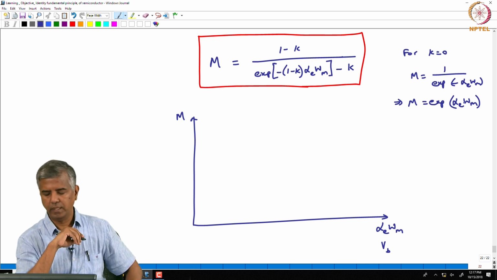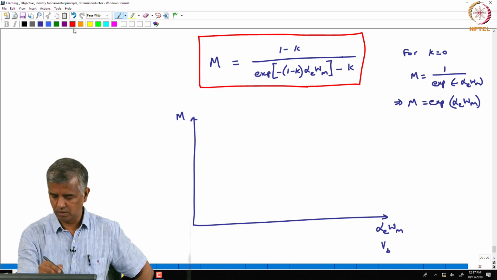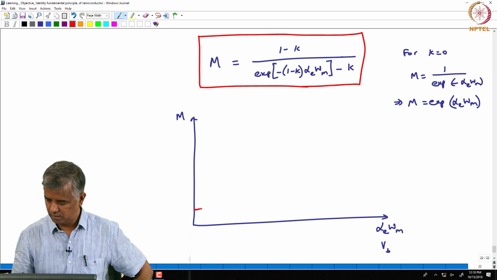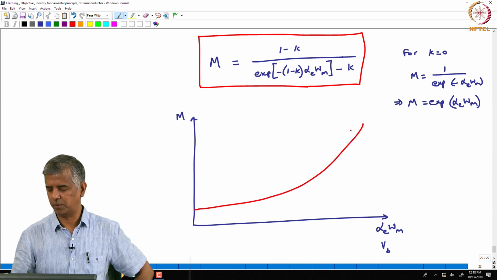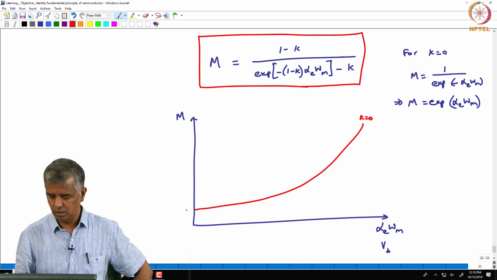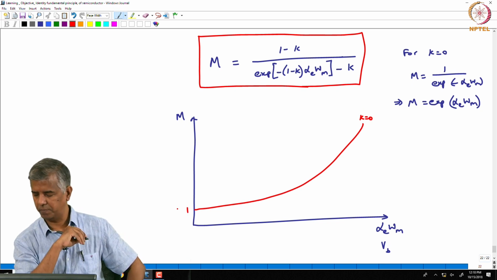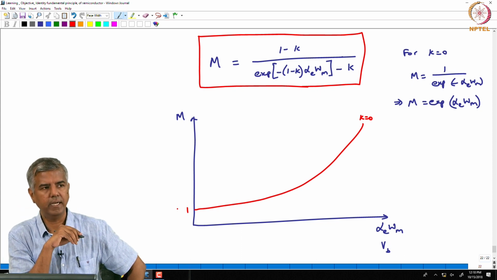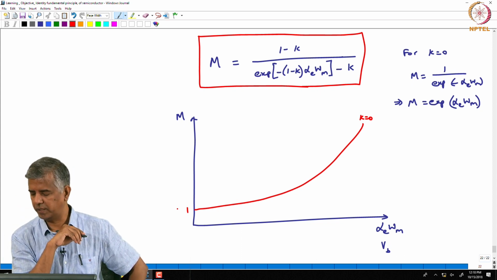How does that look over here? I am going through an exponential. This is for k equal to 0, starting from M equal to 1. So it is just an exponential dependence.